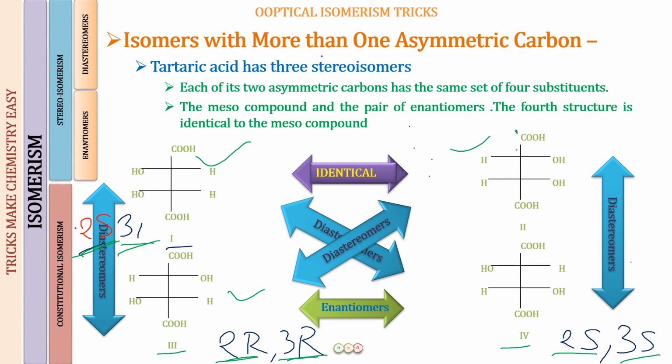But because they had the two asymmetric carbons having the same set of substituents, you were able to draw a plane of symmetry. These two compounds are not optically active. These two compounds are going to be superimposable on each other. These two compounds are identical. So I hope you will remember all of this.